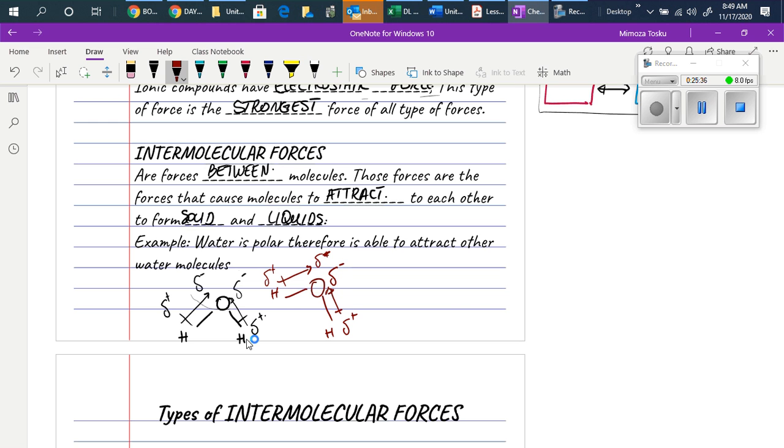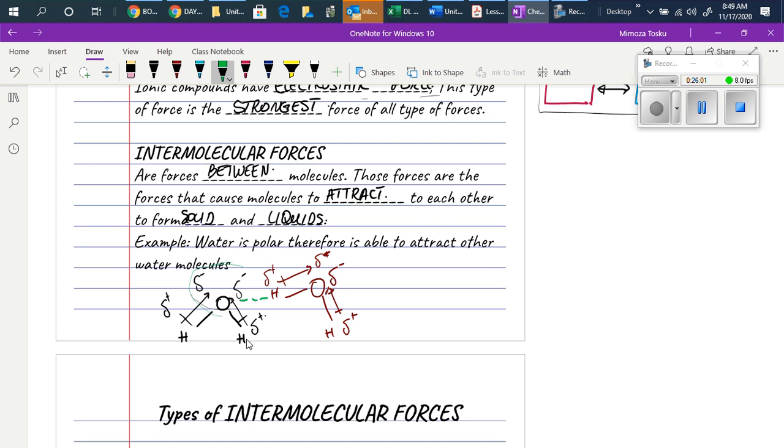Okay, now this slightly negative atom, that is oxygen, of this first molecule, let's say, attracts this hydrogen, which is slightly positive, because opposite charges will attract each other.